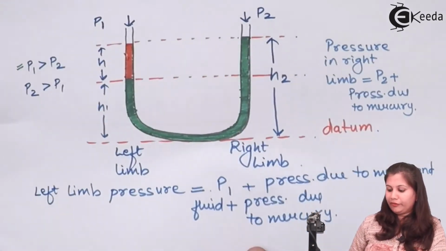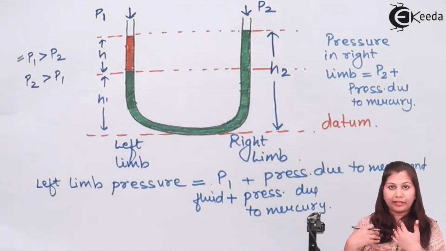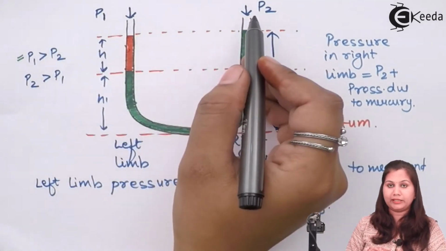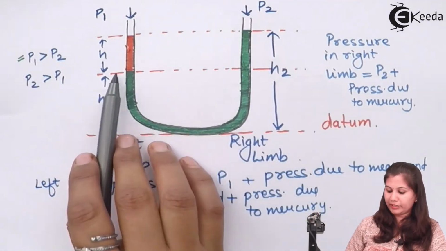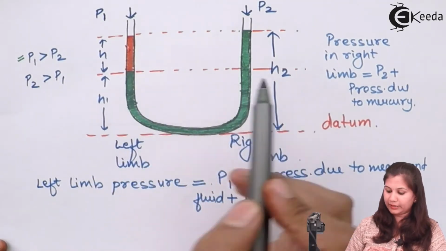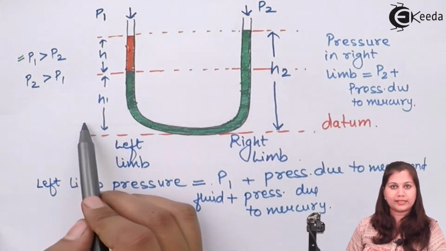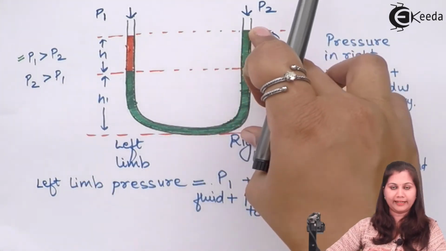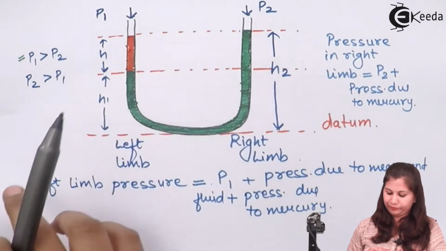So if we want to find out the pressure difference or the differential pressure, that is P1 minus P2, we can find it by just getting the difference in the height of the liquids in the two columns, that is H2 minus H1. H2 is the height in the right limb and H1 is the height of the mercury in the left limb.